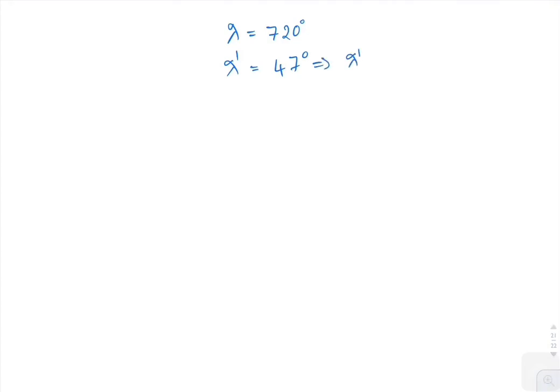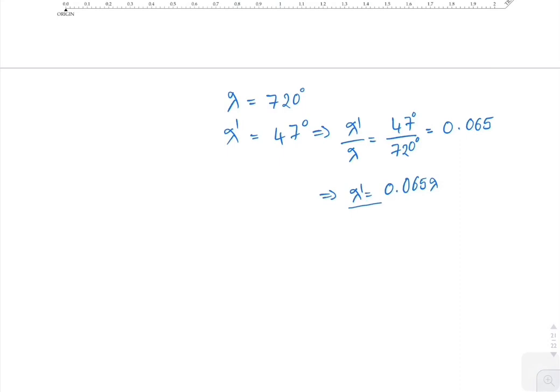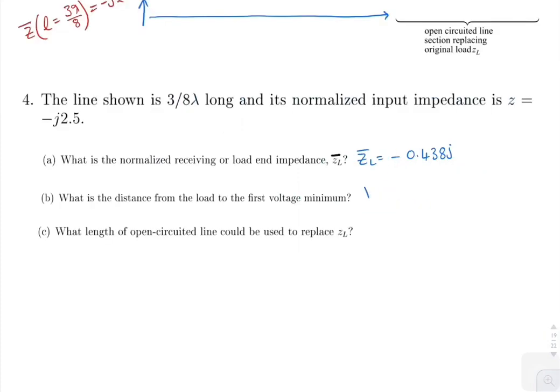That implies lambda dash by lambda is 47 by 720, that is equal to 0.065. That implies lambda dash equal to 0.065 lambda. On a transmission line, if you move a distance of 0.065 lambda from the load, you are going to get V minimum. V minimum is at 0.065 lambda from the load.